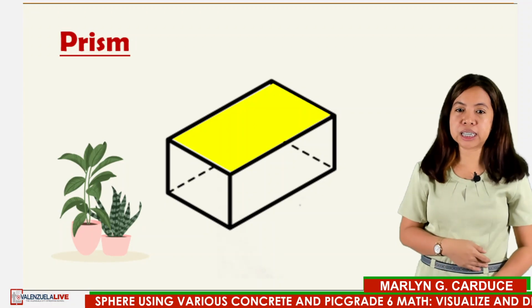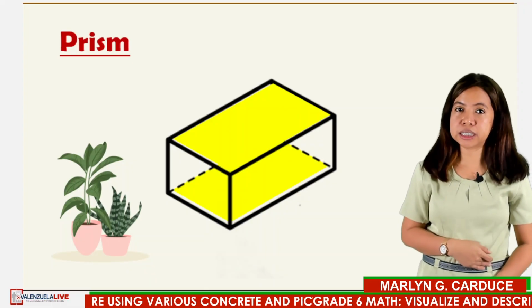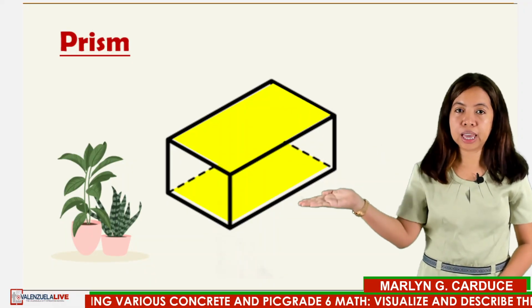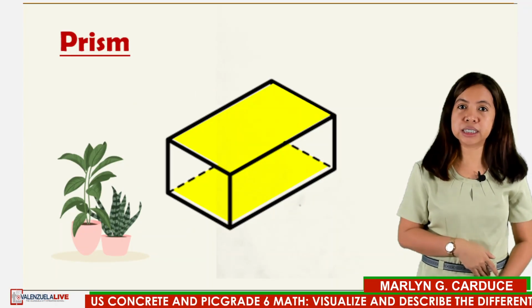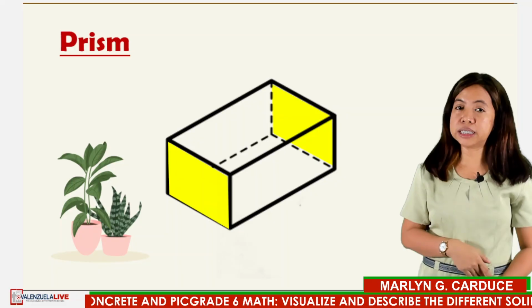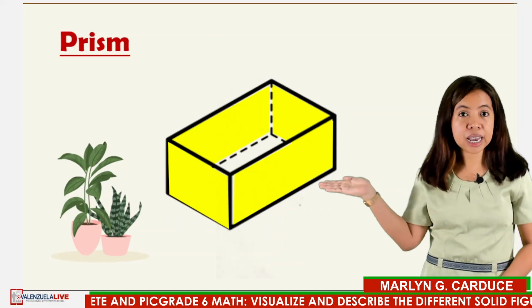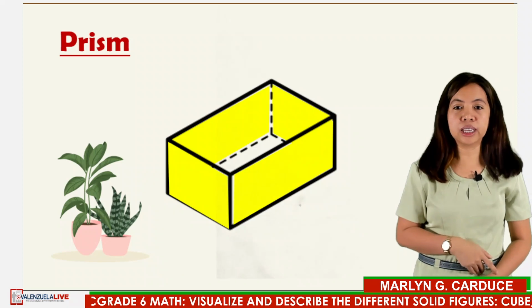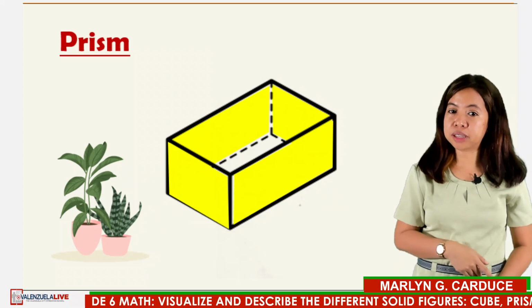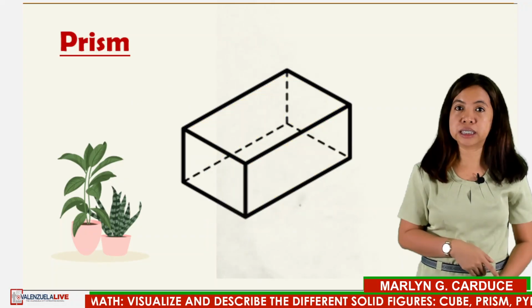The parallel faces of the prism are the bases, the top and the bottom faces. And the other faces are the lateral faces or the side faces of the solid figure. A prism is also named according to its bases.